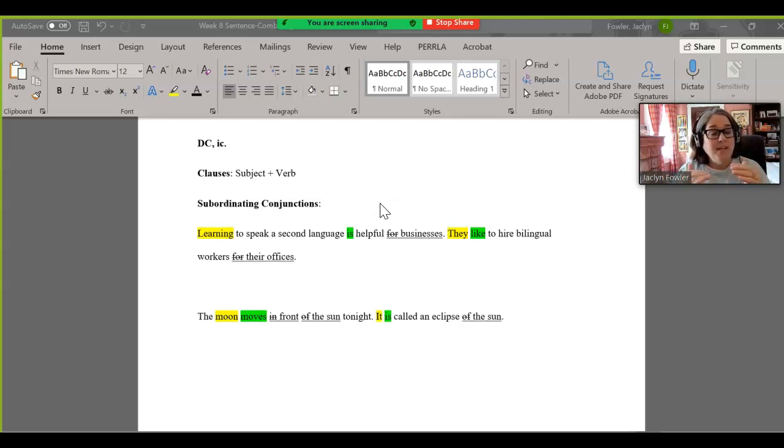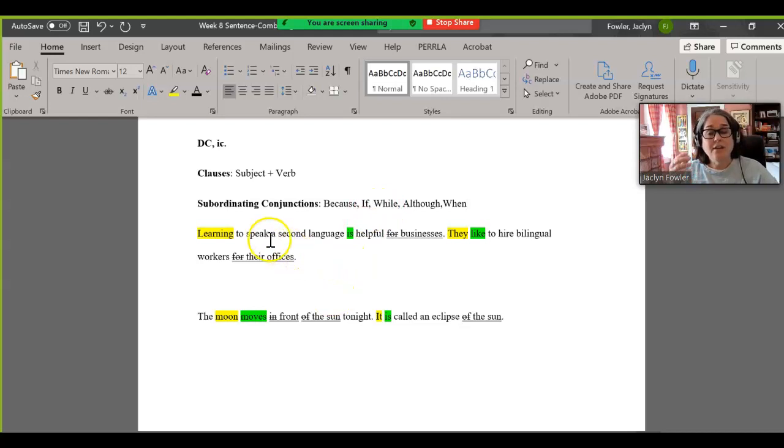So a subordinating conjunction makes a dependent clause. It's less important than an independent clause because it can't stand by itself. It needs an independent clause to make it a complete sentence. And I don't care if you remember all the subordinating conjunctions, just remember some of them: because, if, while, although. That's some of them. There's a lot of them. When.